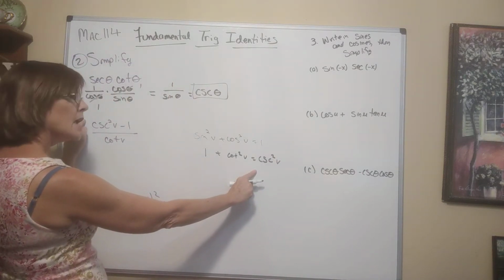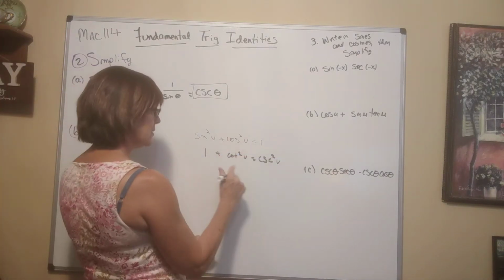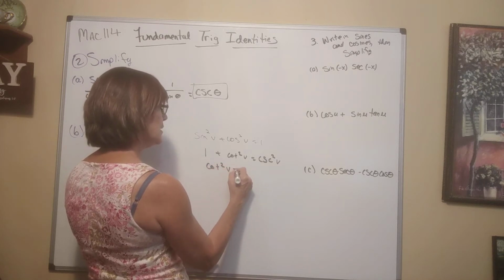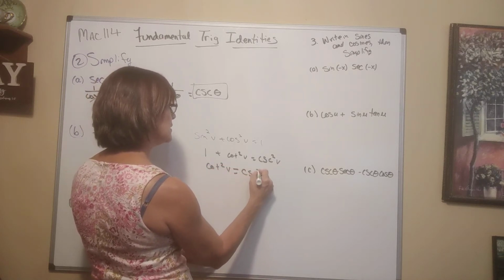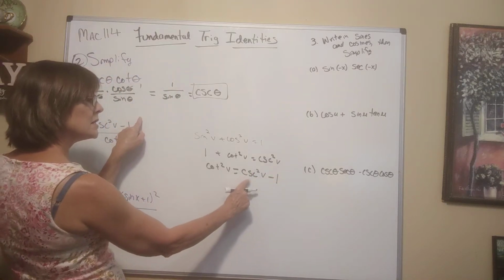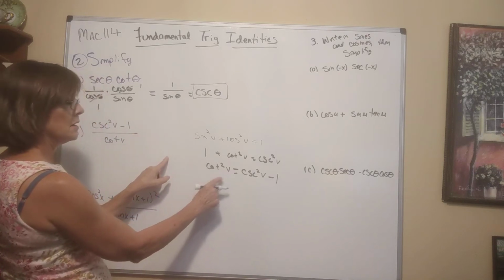Well, you know what? Let's see. What if I subtract 1 from both sides of this? Let's do that. Cotangent squared of v is equal to the cosecant squared of v minus 1. Do you see this? Cosecant squared v minus 1 is equivalent to the cotangent squared of v.